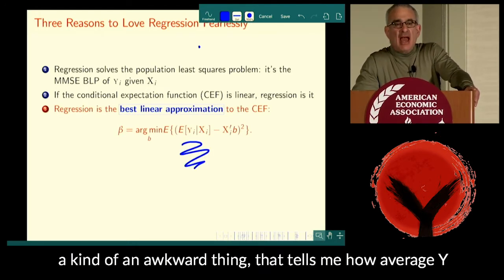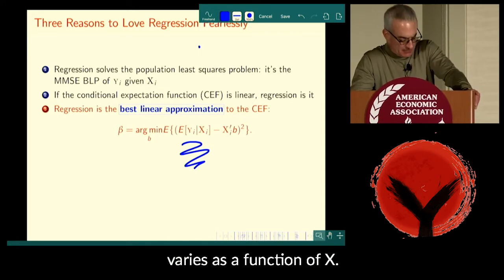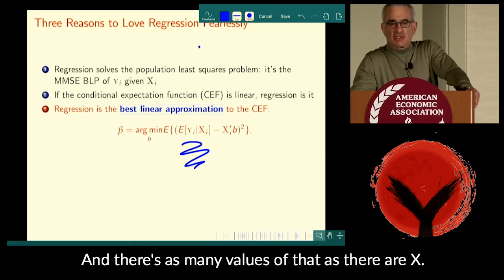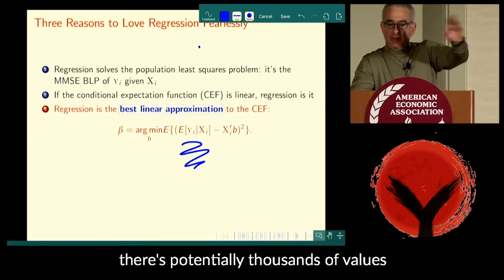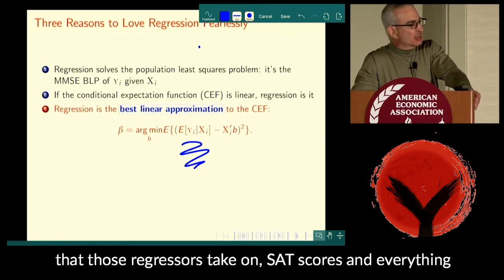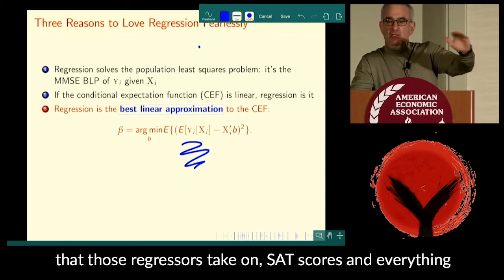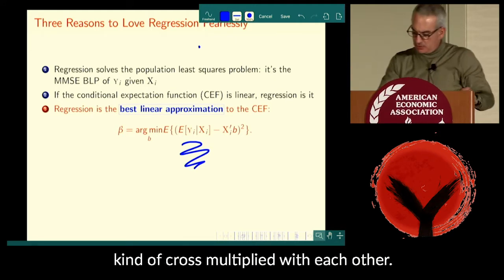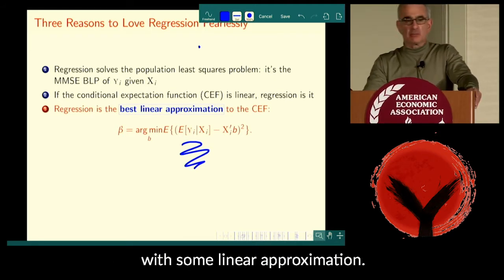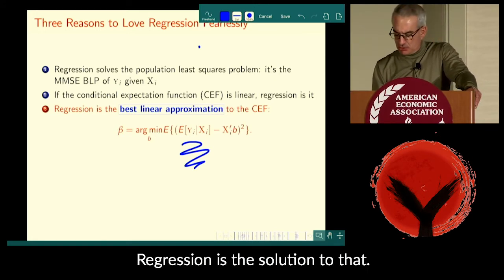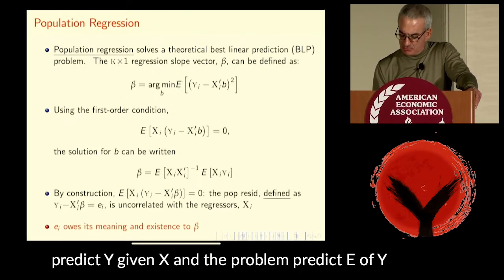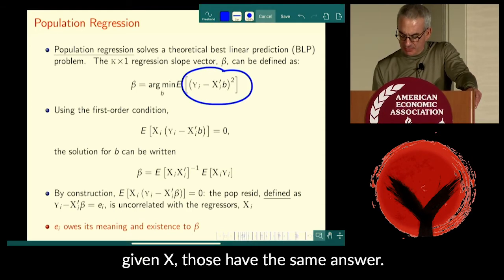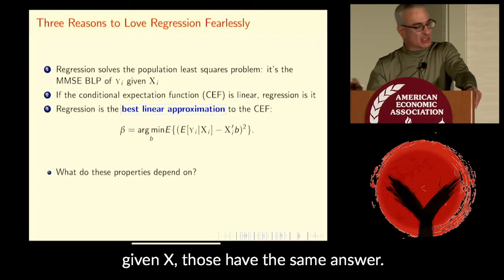It tells me how average y varies as a function of x, and there are as many values of that as there are x. If x is something like the vector of controls in the Dale and Krueger study, there are potentially thousands of values that those regressors take on, SAT scores and everything cross-multiplied with each other. So I'd like to summarize that with some linear approximation. Regression is the solution to that. In other words, the problem of predicting y given x and the problem of predicting E of y given x have the same answer.